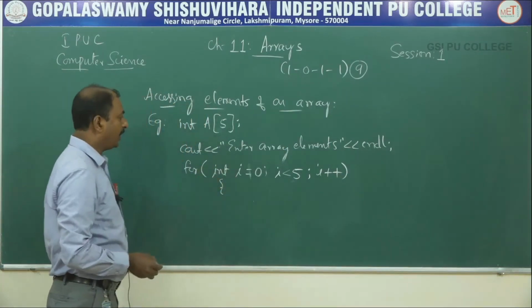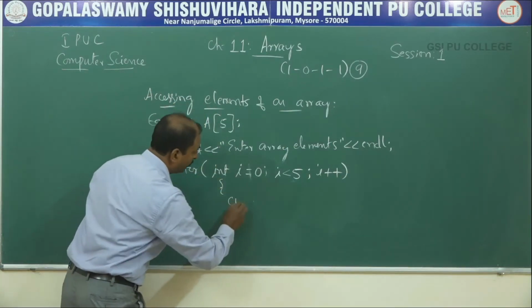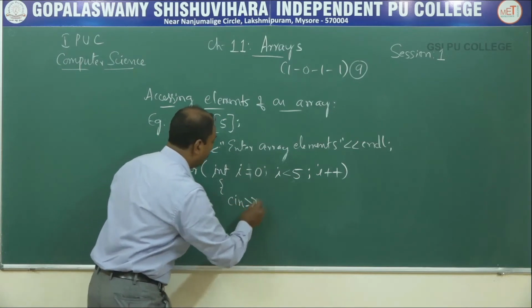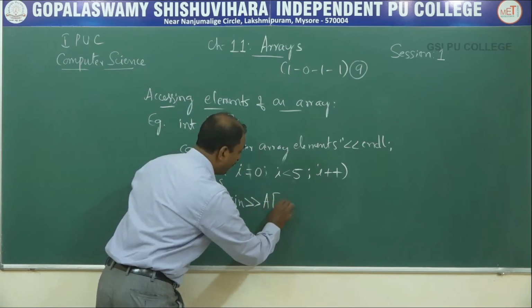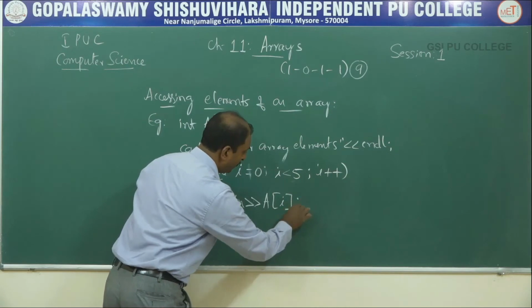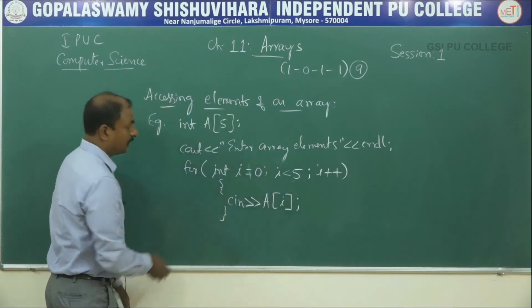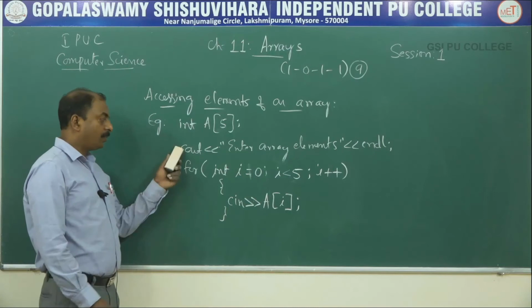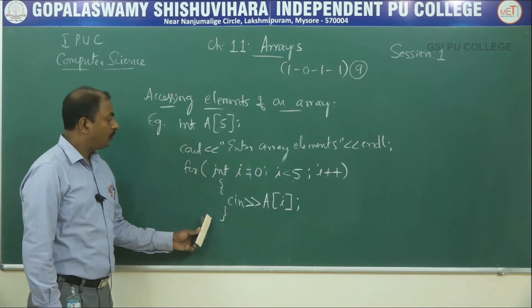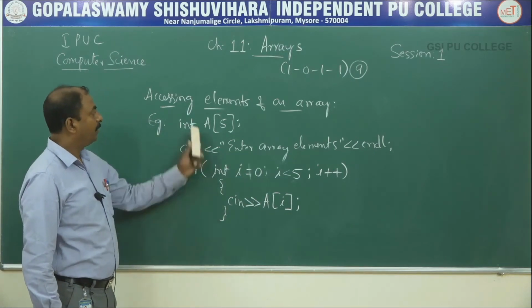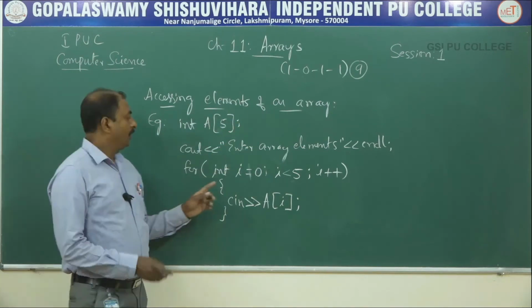Open the bracket and here we use the input statement: cin, a is the name of the array and index is i, and semicolon. I am closing this. So we use this programming construct to access the elements of an array.